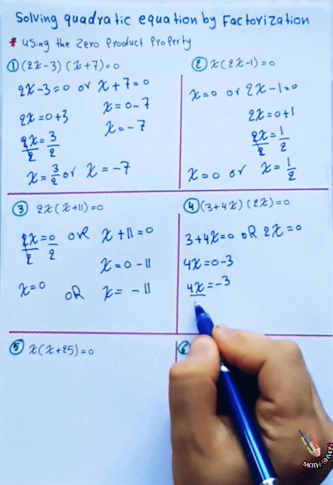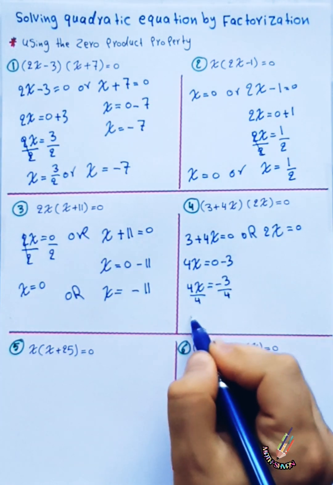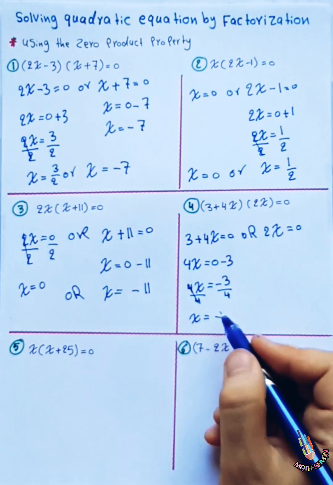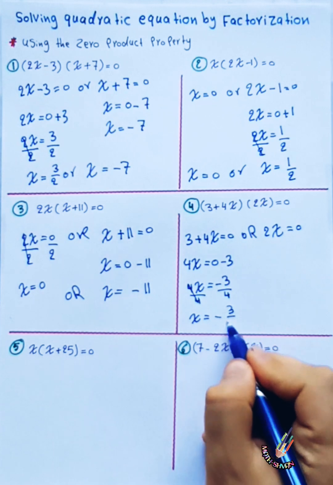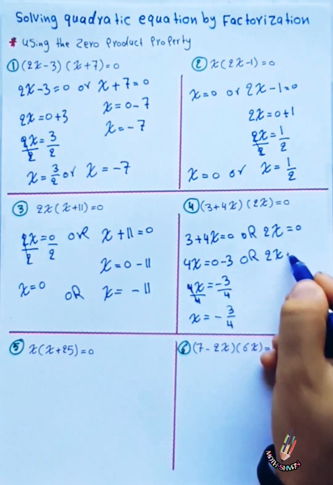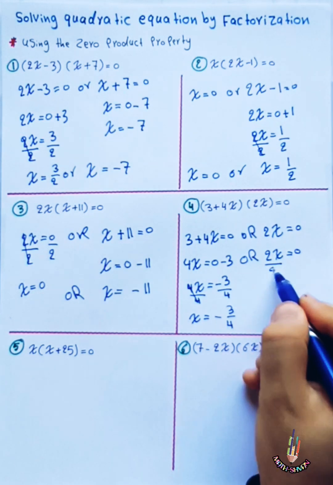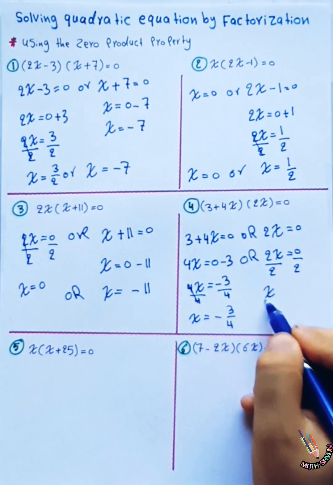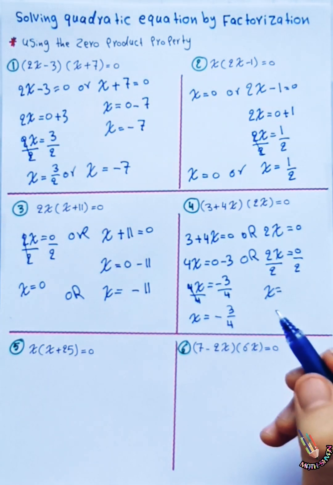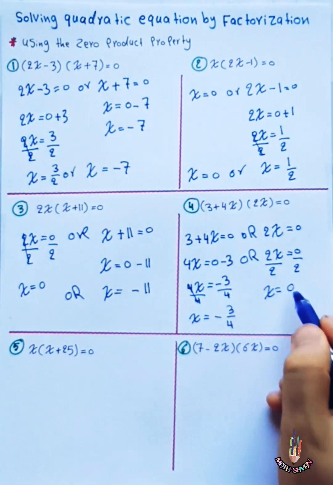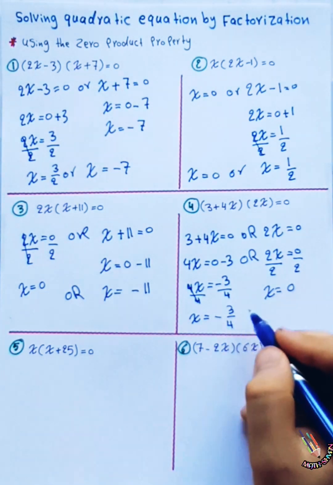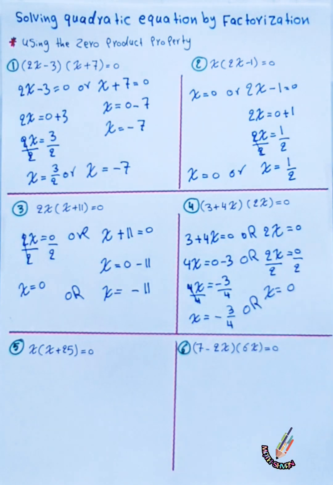We have to divide both sides by 4. So x equal to negative 3 out of 4. Or 2x equal to 0. We have to divide both sides by 2. x equal to 0. So the value for x is negative 3 out of 4, or x equal to 0.